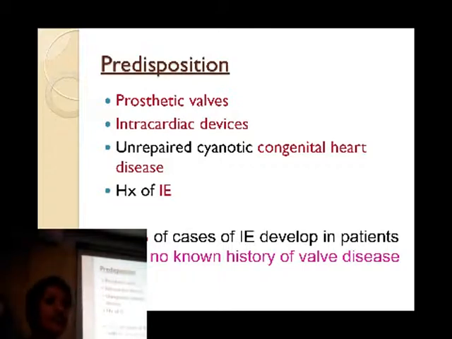These conditions are cyanotic heart diseases which get repaired during childhood, or a person who has had previous infective endocarditis. These are the categories of conditions which predispose you most to get infective endocarditis.